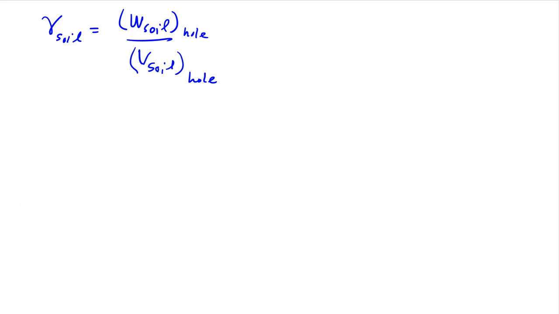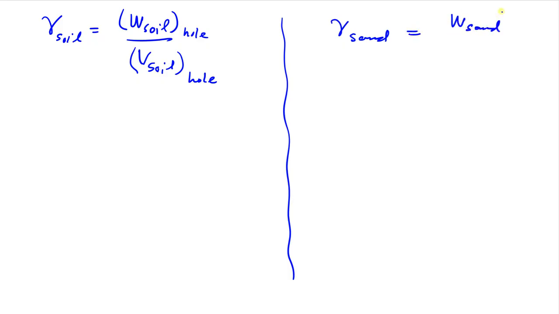In order to find the volume, we are going to use the unit weight of sand, which we know from the lab. This is going to be equal to the weight of sand that goes into the hole divided by the volume of sand that goes into the hole. Now the unit weight of sand is given, and the weight of sand inside the hole we can also find out.